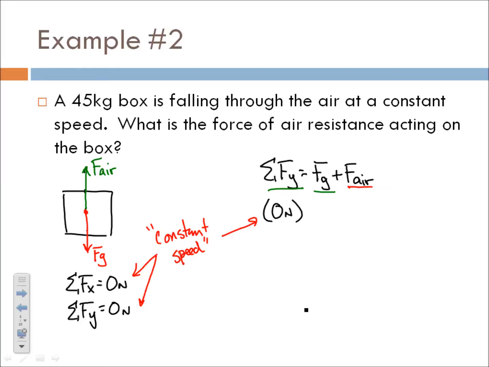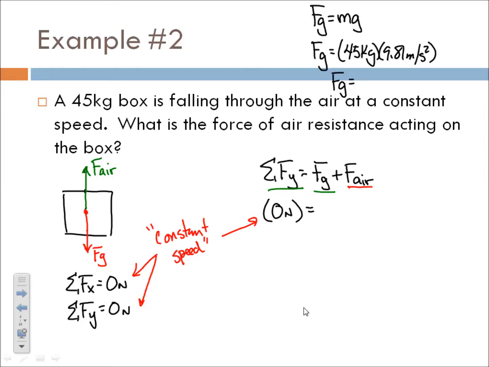All right. The gravitational force, we can go ahead and calculate that again, just like we did the previous time. So we have the gravitational force, or the weight of the object. All right, in this case, 45 kilograms. And notice what I'm doing in each one of these problems.